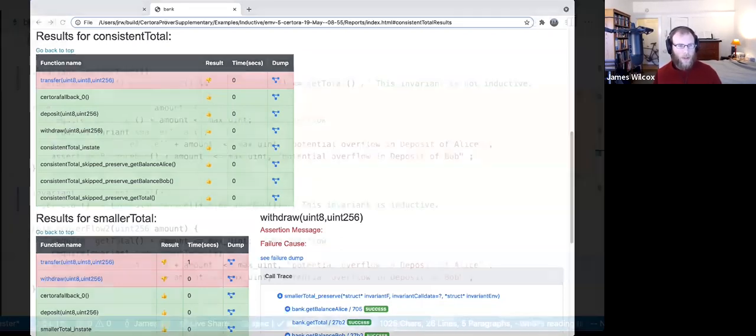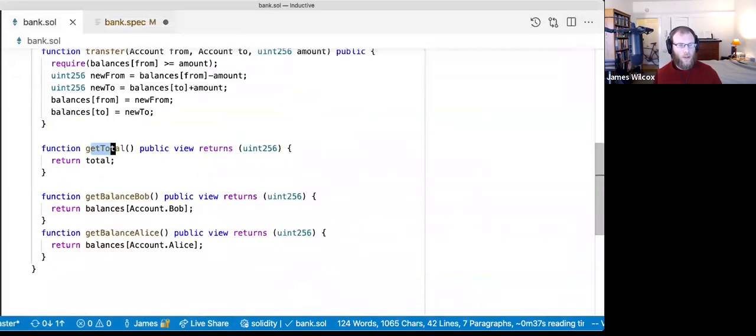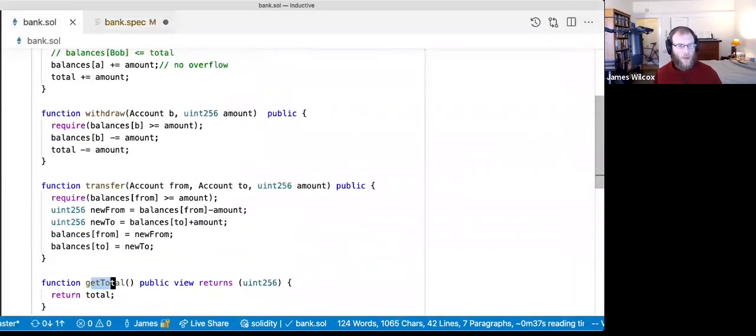So in the last couple of minutes, let's take a look at this transfer function because it's kind of interesting. This is another simplified thing that you would see in an ERC20 contract, where we're trying to transfer some amount from some account to some other account. This code is written in a kind of strange way to demonstrate a bug. We compute the new balances for both the source and the destination account in advance.